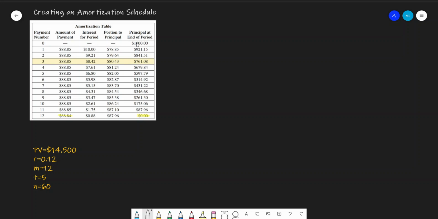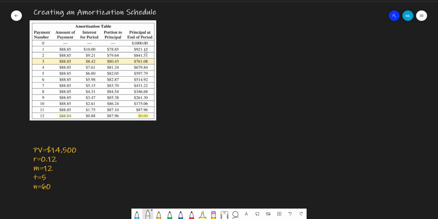Once you find the interest per period, you subtract this amount from the payment amount, and that gives you the portion to the principal, which means you take the unpaid balance and subtract the portion to the principal, and that gives you a new ending principal amount.